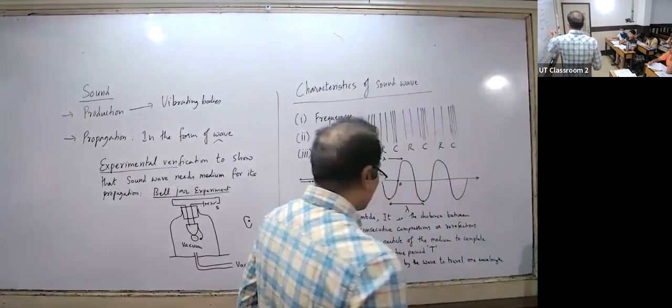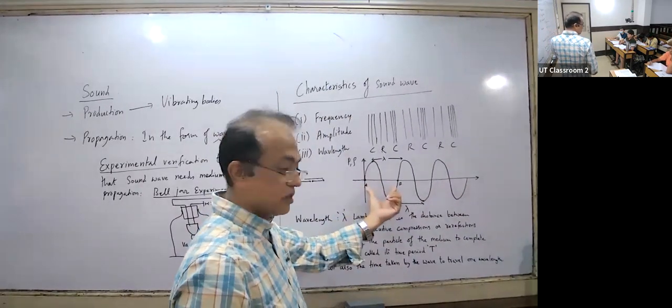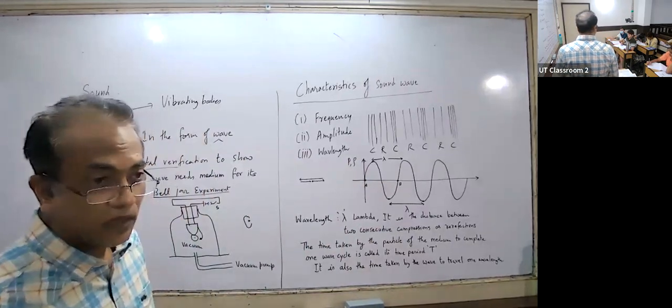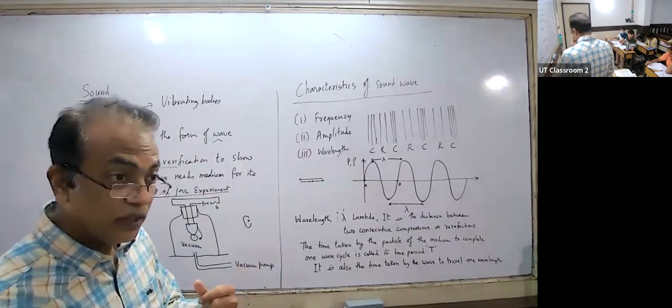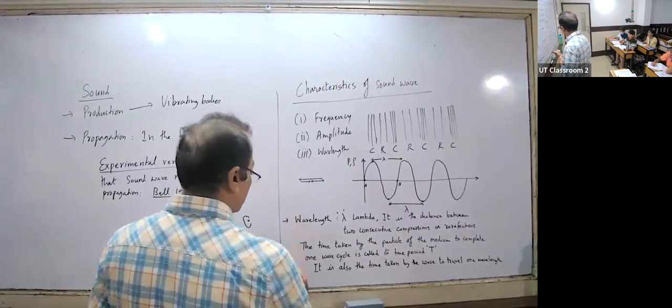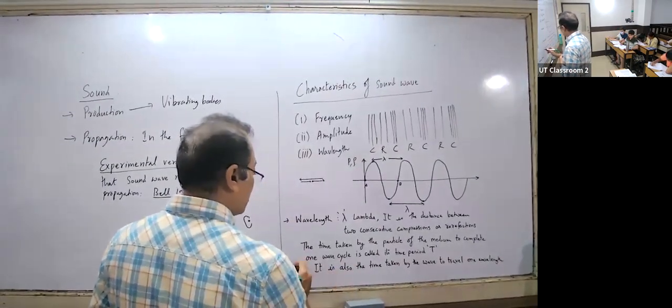So when the wave travels by distance lambda, the time taken is called time period and it is denoted by T. So this is the wavelength, and here the time period.